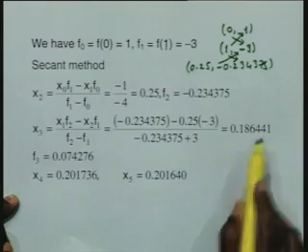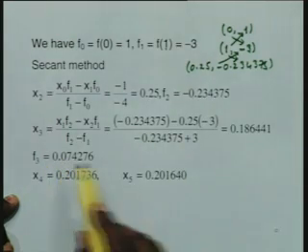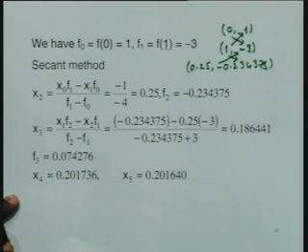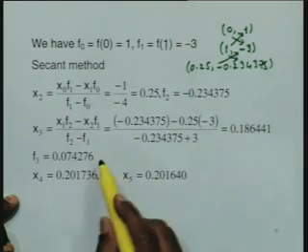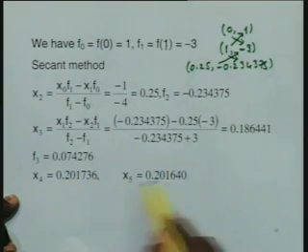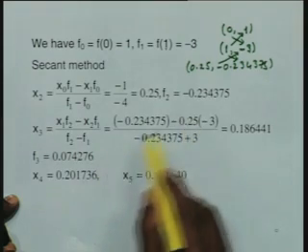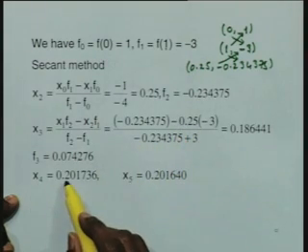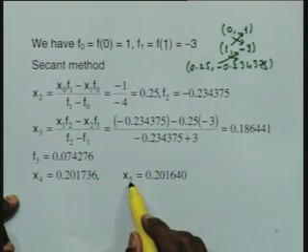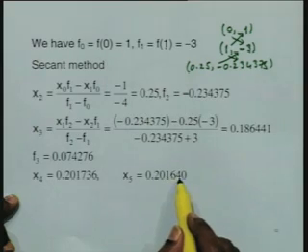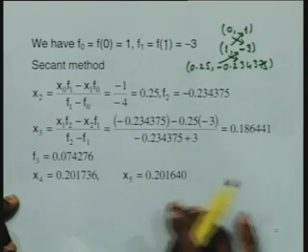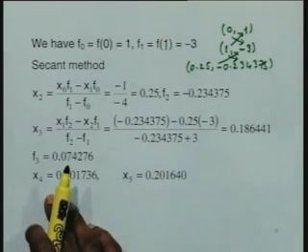Now I compute f of x3, with the given polynomial x cubed minus 5x plus 1. Then I compute the next iterations, I have just given them to you, I have not written these details. x4 comes out to be 0.201736, x5 is 0.201640. Indeed this is accurate to all the decimal places, we will see later on.